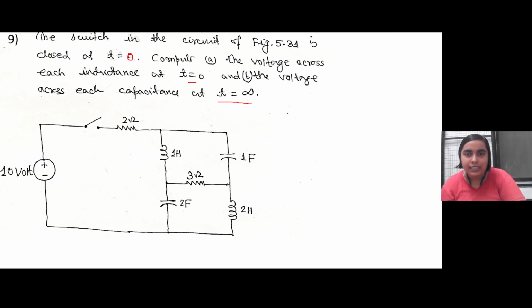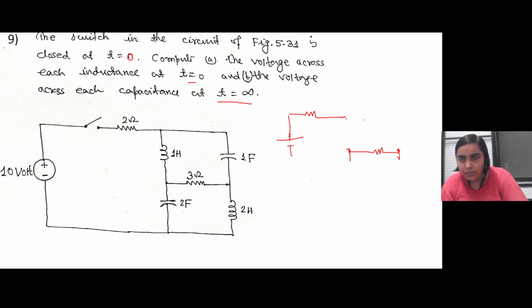Now at the instant when the switch has just been closed, let us redraw the circuit. So this will be the circuit. For the time being, let us not draw the capacitance and resistance. So this is one of it.